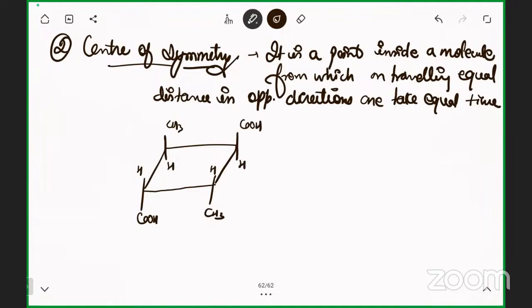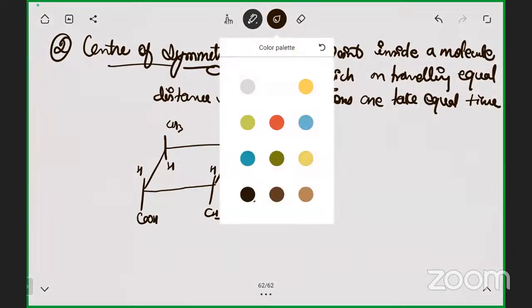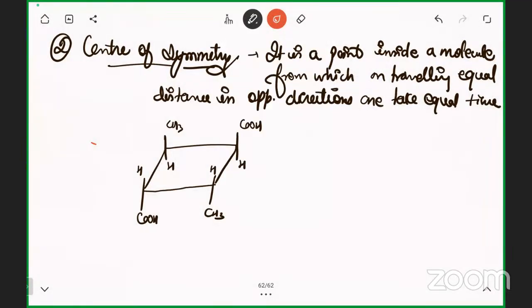If I make a structure, in this particular structure you can see from here in the middle, the same time will be for this carbon and for this hydrogen, same for this hydrogen and this carbon, same for this hydrogen and this carbon. So there is a particular center in a molecule, which is this one.